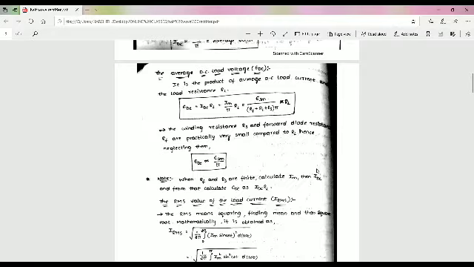Hence the RMS value of the load current can be obtained as IRMS equals square root of 1 by 2 pi, integration 0 to 2 pi total limits, of IL whole square d omega t, where IL equals Im sin omega t.